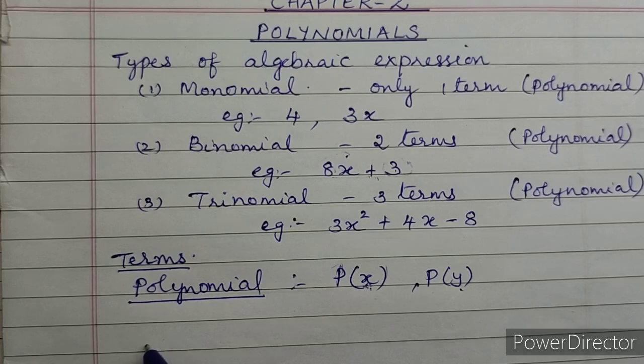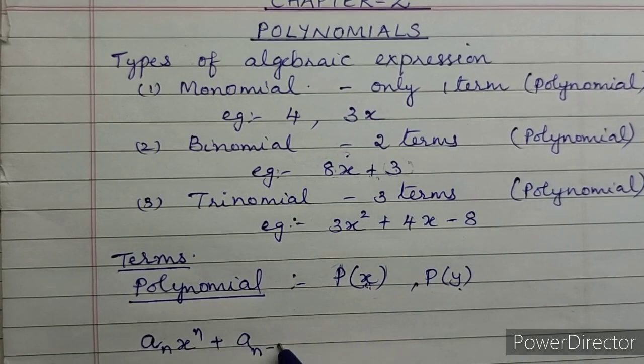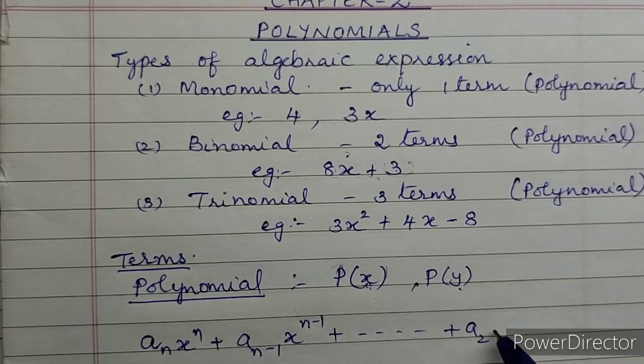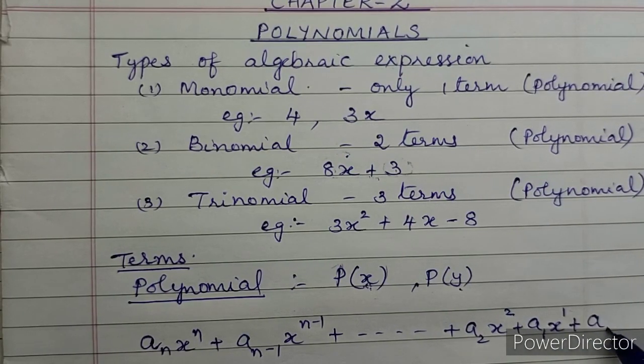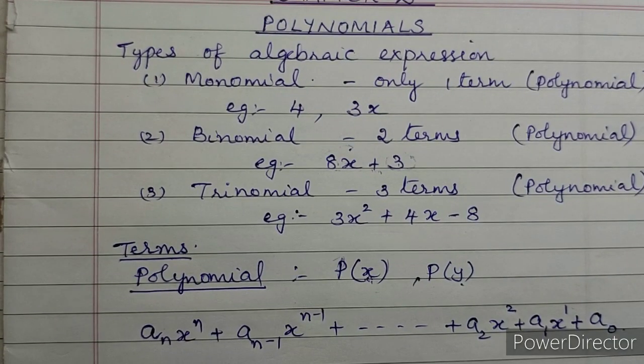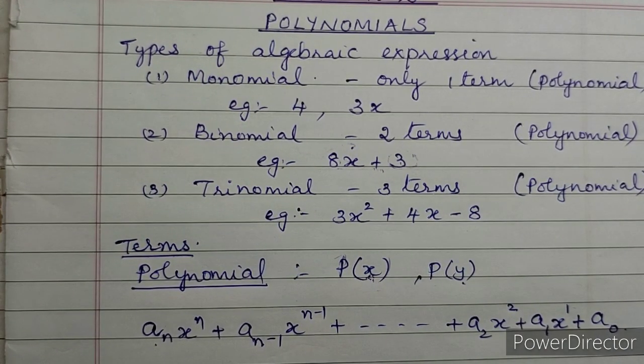So a polynomial in one variable x is an algebraic expression in the form of an x to the power of n plus an minus 1 x to the power of n minus 1 plus etc. plus a2 x square plus a1 x to the power of 1 plus a0, where a1, a2, a0, a3, all up to an minus 1 are called constants.